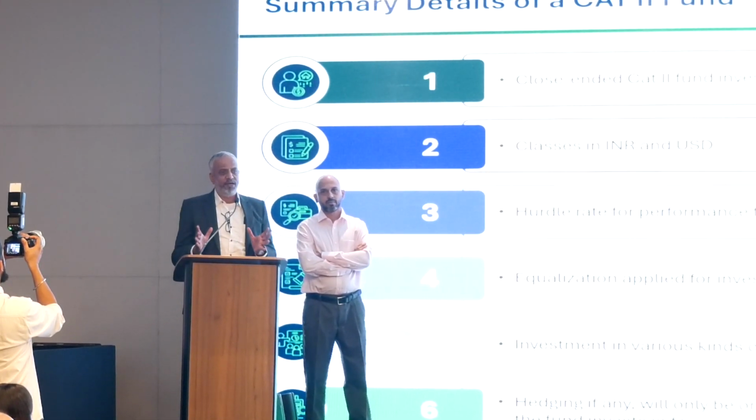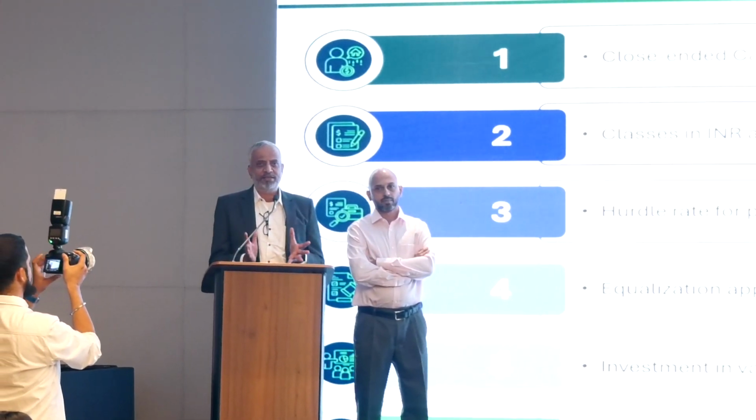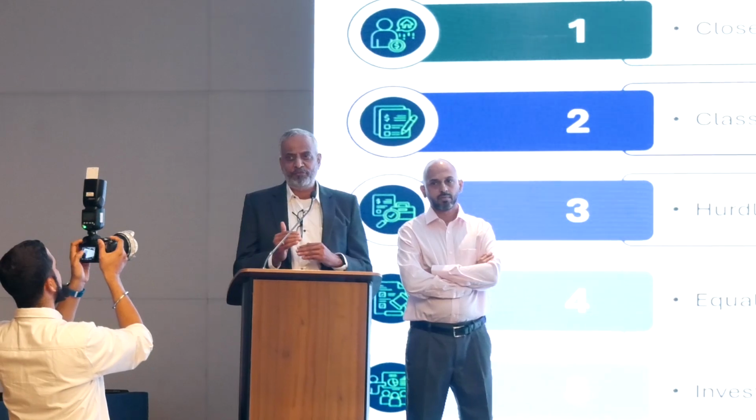So we studied quite a few PPMs and created a synthetic PPM which has a few highlights. One, we chose a Cat 2 fund because we found most of the complications in Cat 2 funds. Second, we wanted to select for discussion a fund which has multi-currency classes, which means it could have a class in INR, class in USD, and what have you.